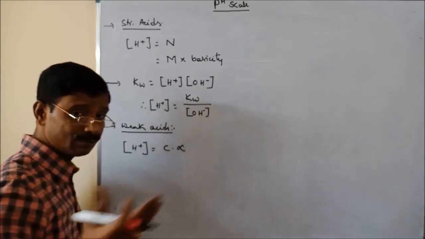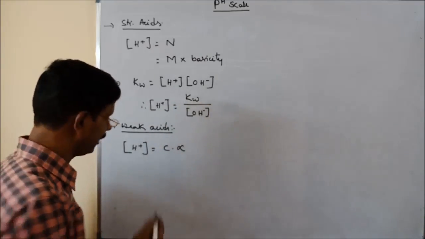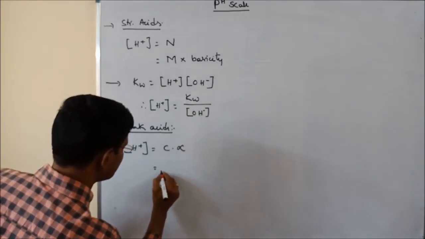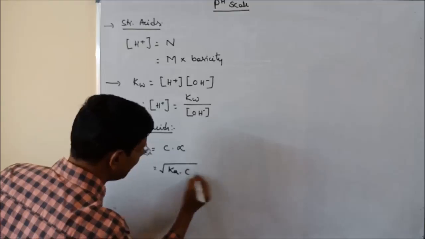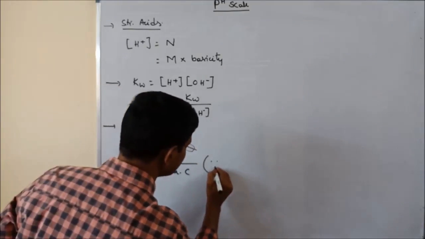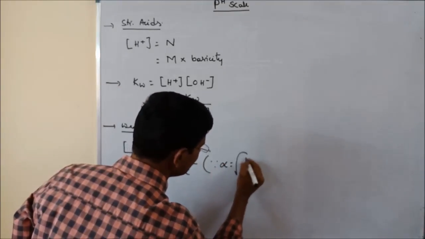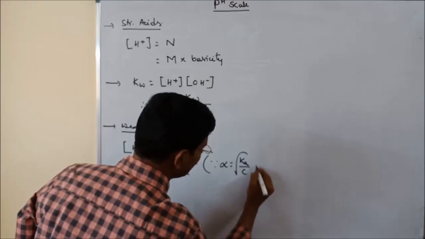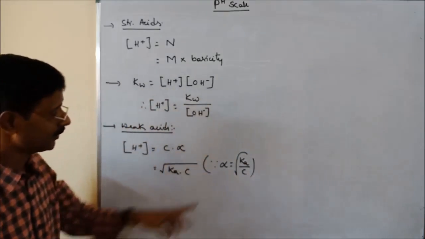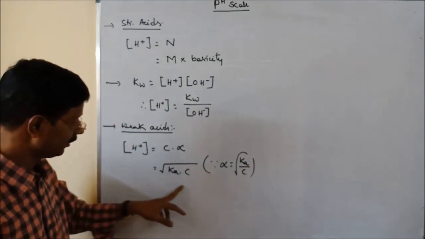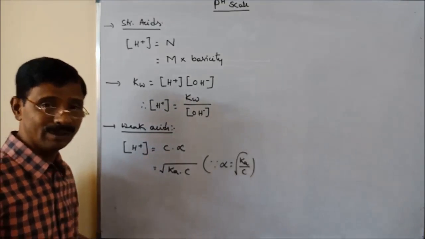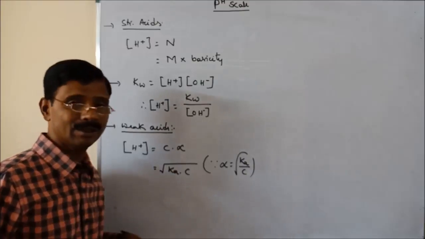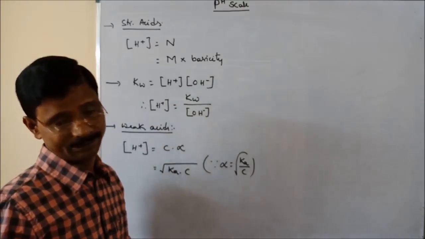And if you know alpha is nothing but root K by C, if you substitute that expression, H plus will be equal to root K into C, because alpha equals root K by C. So like this, in case of weak acids, H plus is either C alpha or root K into C.